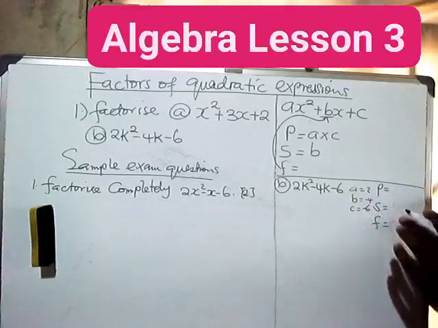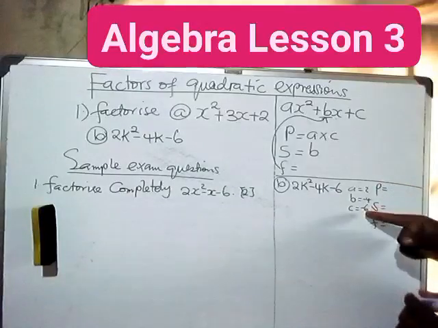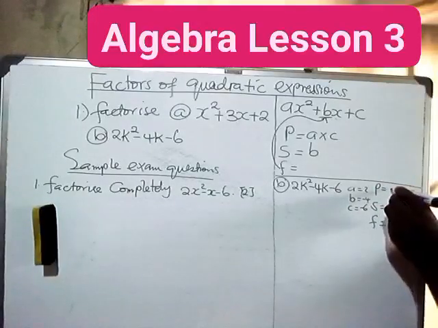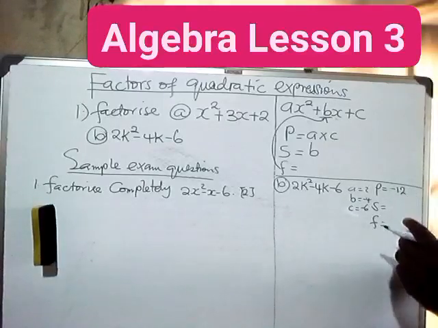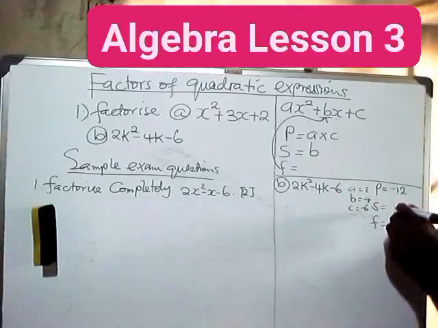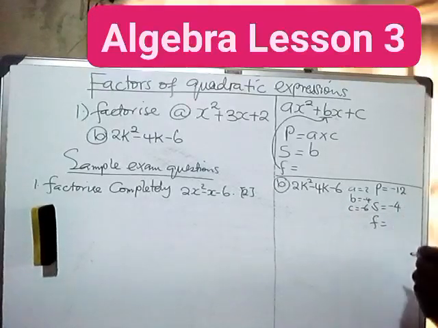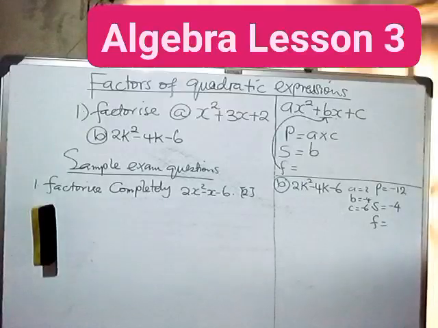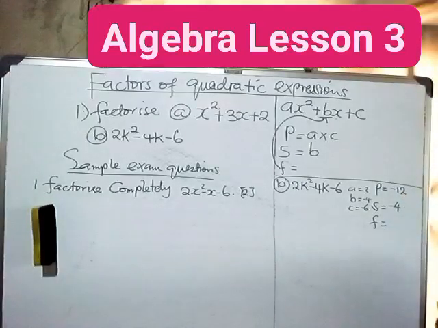The product is found by a multiplied by c, so it is 2 times negative 6, and the answer is negative 12. Our sum is the value of b, so in this case it is negative 4. And our factors are two numbers which, when you multiply them, you get negative 12, but when you add them, you get negative 4. What are those two numbers?